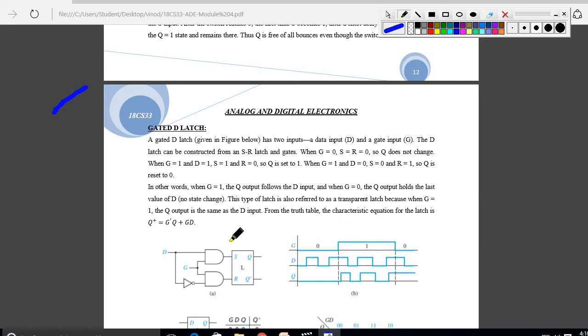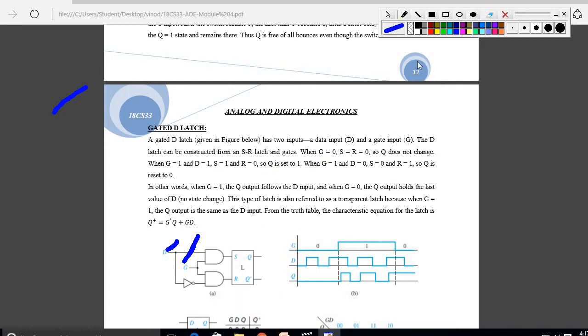See here, this is the SR latch, and I am making these AND gates, where one input is G and the other is D. So this is a gated D latch. A gated D latch has two inputs, a D input and a G input. The D latch can be constructed from the SR latch, as I told you earlier.